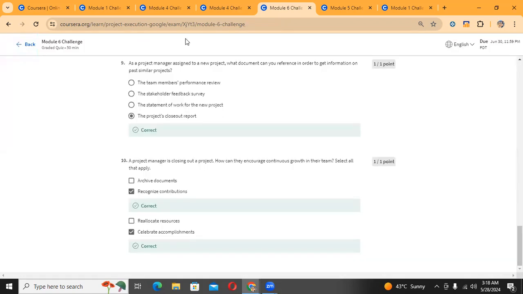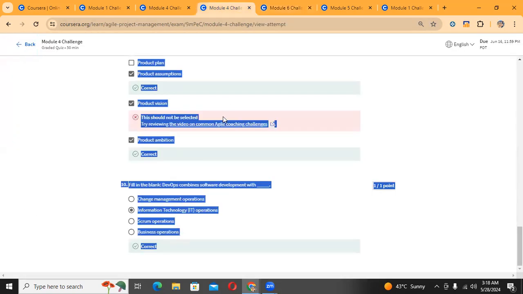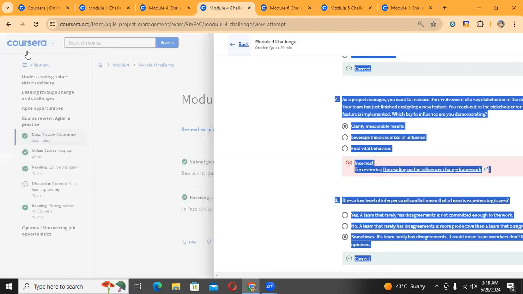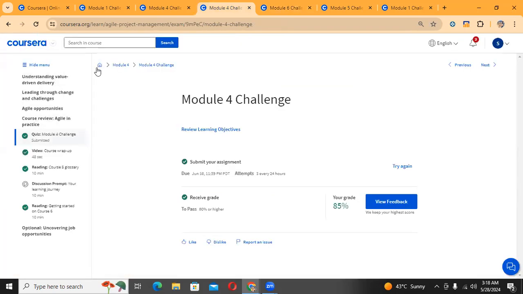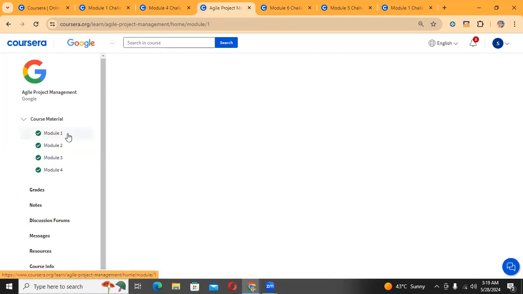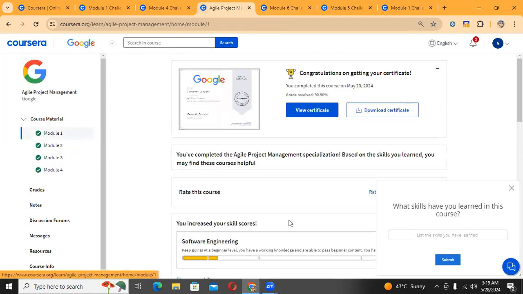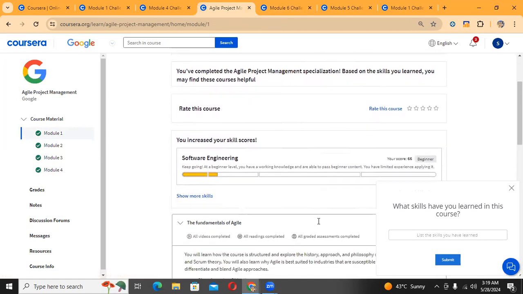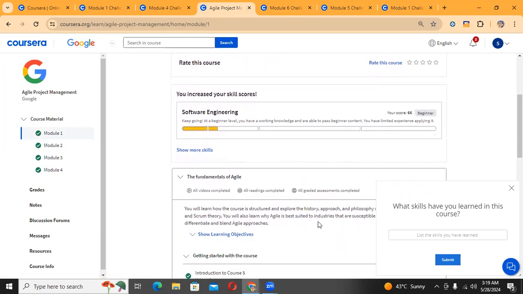So let's do the fifth course. From the fifth course, module one is about the introduction to agile project management, an overview. It introduces agile principles and methodologies.